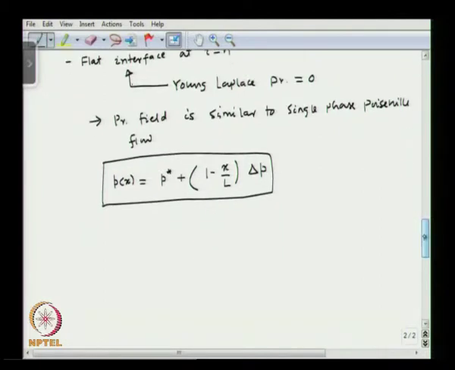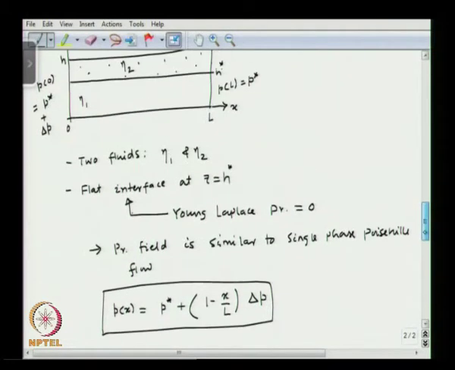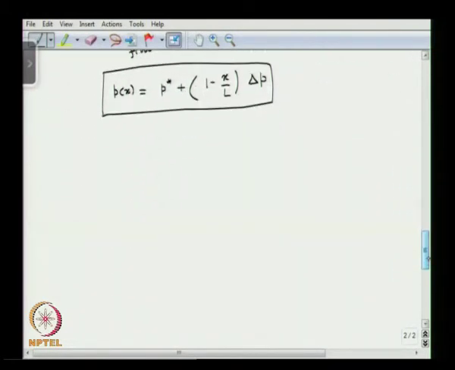As I said, there are two fluid layers. The bottom layer is between 0 less than z less than h star, and the top fluid layer is between h star less than z less than h.